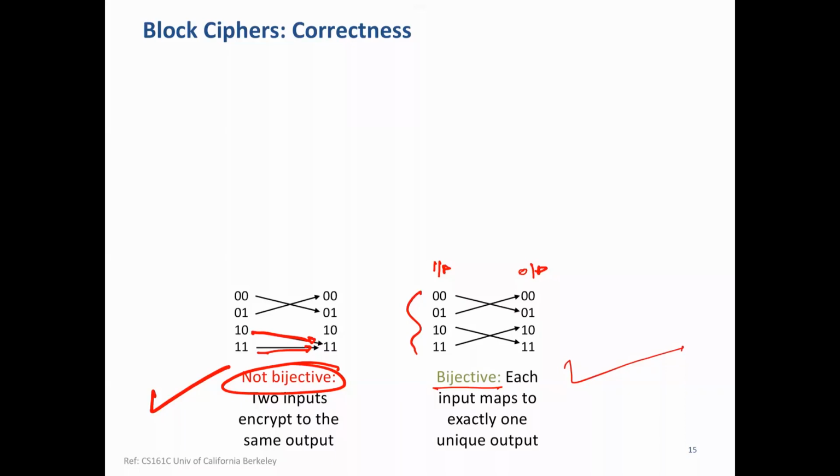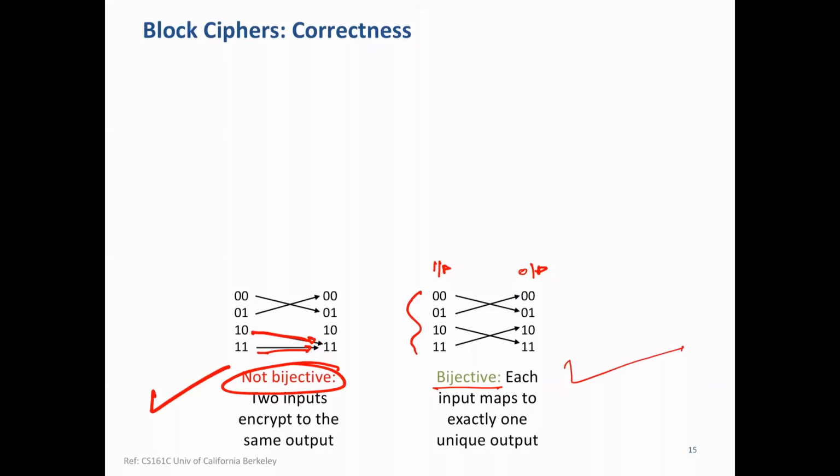So you're designing a cipher, and basically you're designing a mapping function from inputs to outputs. Which one of the two would you prefer, bijective or non-bijective? Bijective. The answer is right.